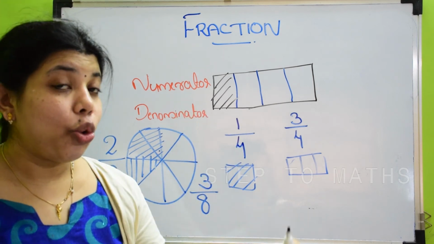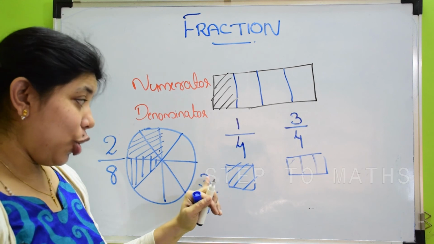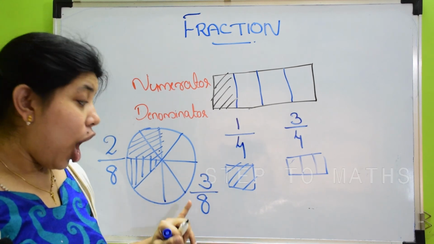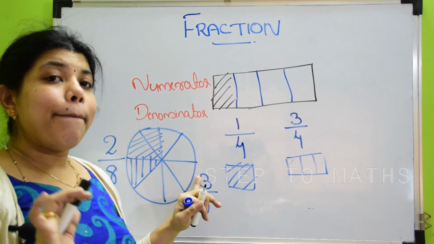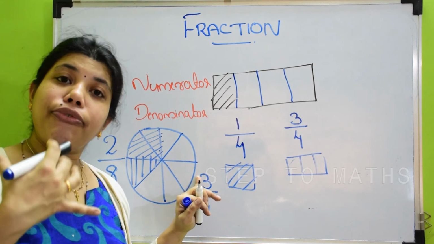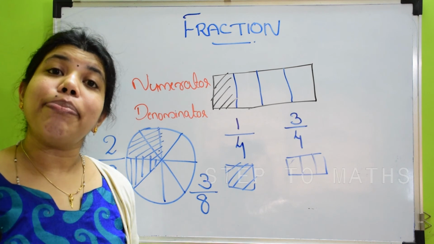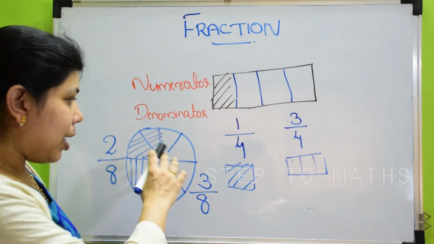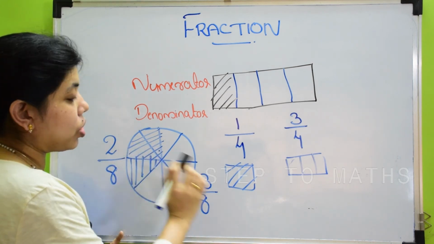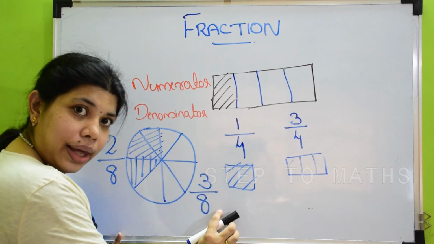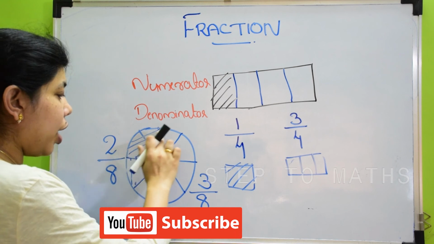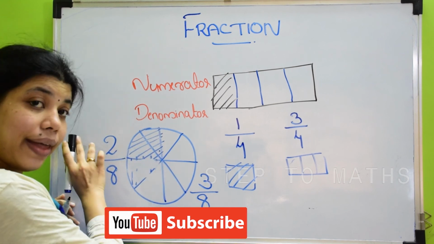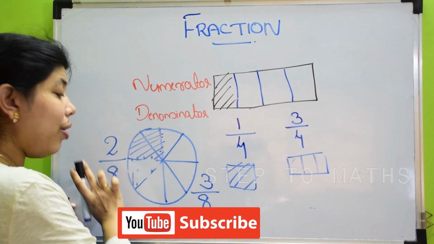And the numerator indicates, out of the total parts, how many parts are available for us or how many parts we consider. Here we shade 3 parts, so we write it as 3 upon 8. And in the first case, we shaded only 2 parts, so we write that relation as 2 upon 8.